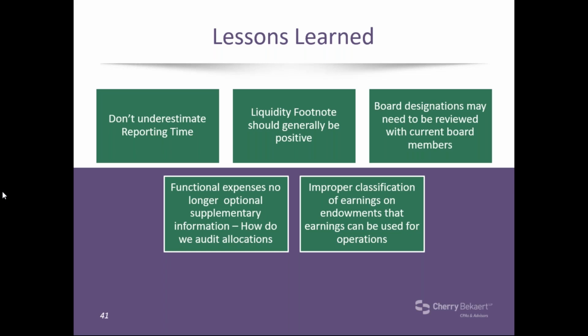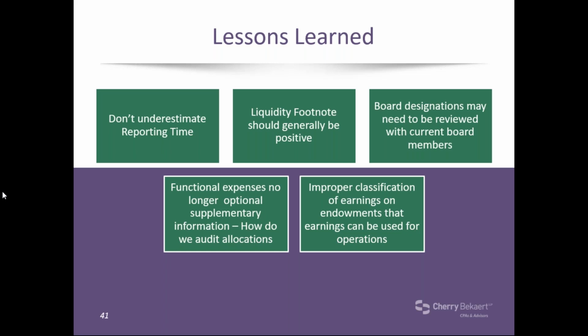So do you want those other perpetual gifts to be in your endowment footnote? Well, Karen went through a sample of your new footnote on net assets with donor restrictions. One of the options in there now is for you to present endowment and perpetual gifts, and you can show those as separate line items.